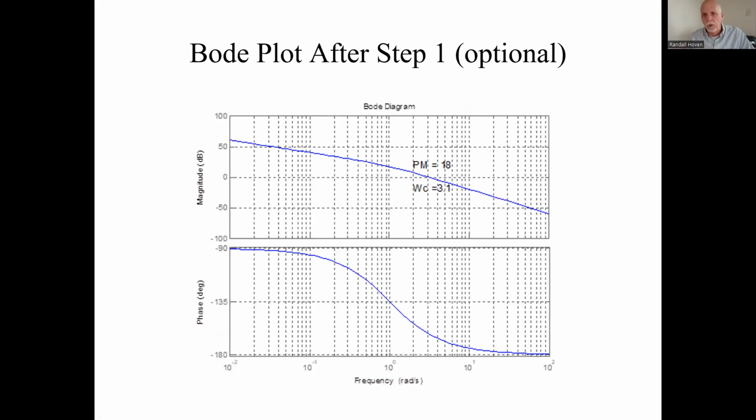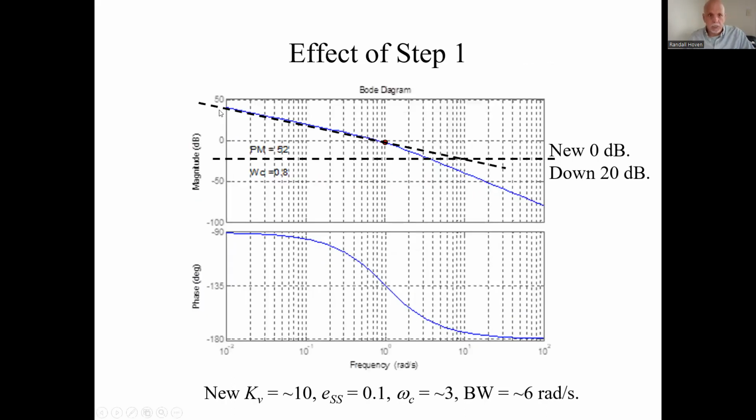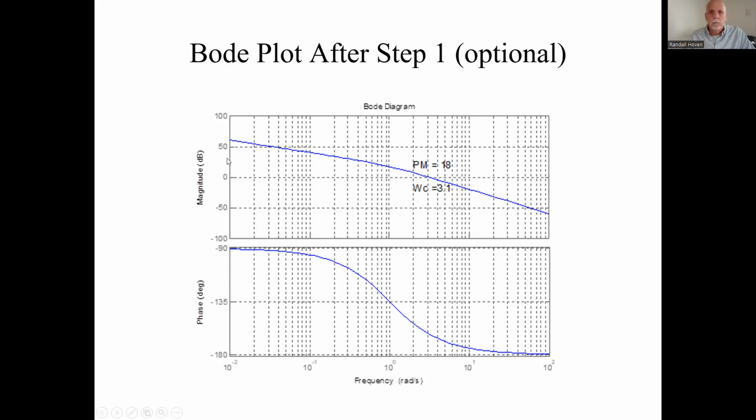An optional thing to do is to redraw your Bode plot to include that new gain. So here's our new 0 dB line that corresponds to this reference line. And MATLAB could calculate that phase margin exactly. It's 18 degrees.